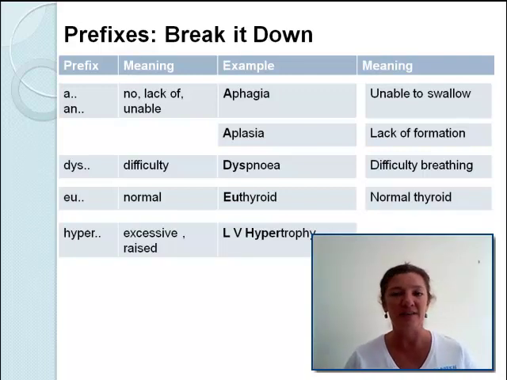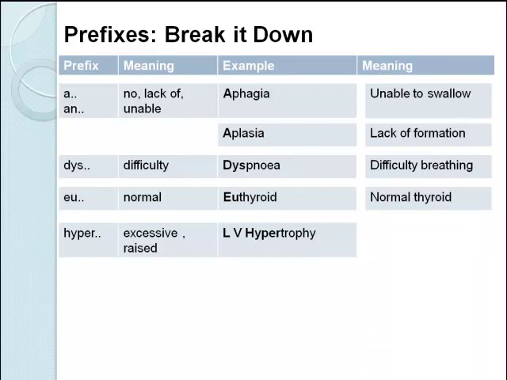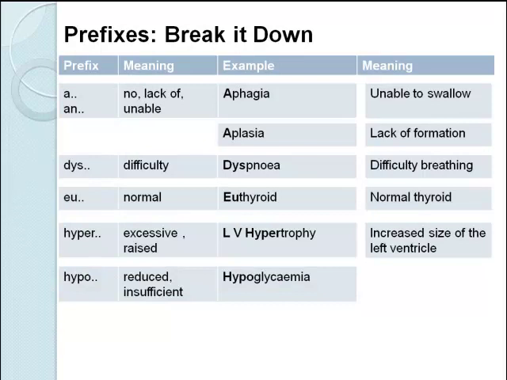Hyper is excess or raised, too much. LV hypertrophy. Well, hyper we know is the increased bit. LV related to the left ventricle of the heart. And trophy is our word where we think about nourishment or growth, but we want to think about it as size. So we have increased size of the left ventricle. Hypo, reduced, insufficient, not enough.